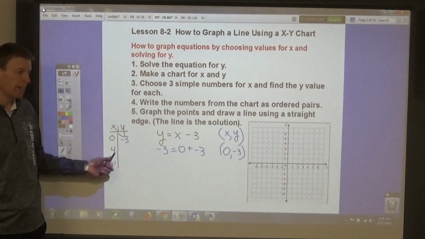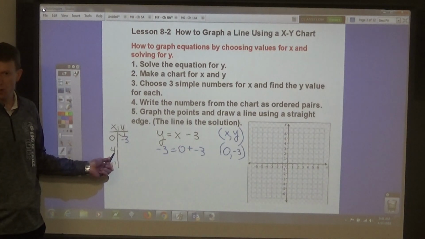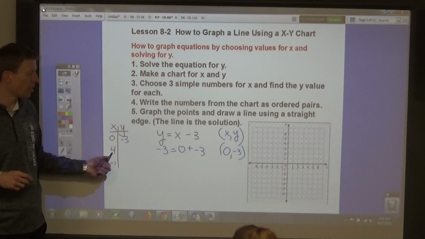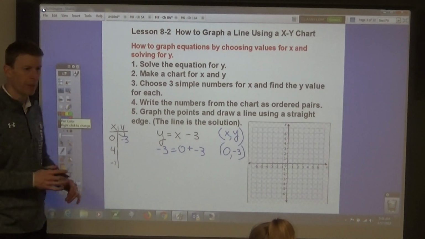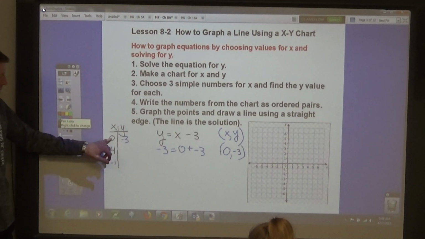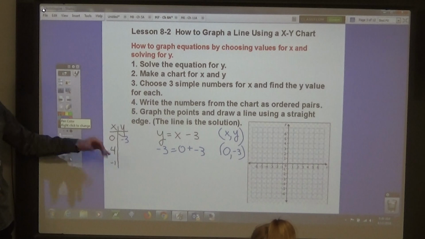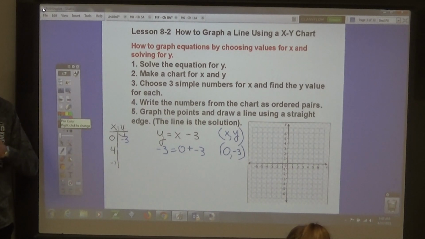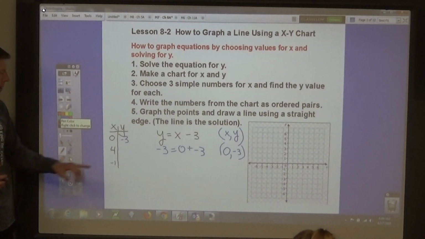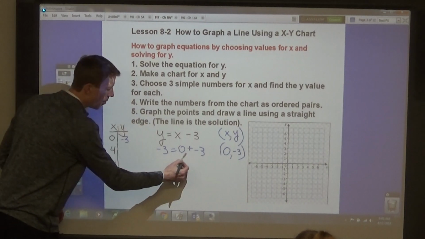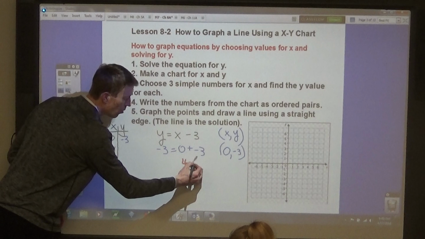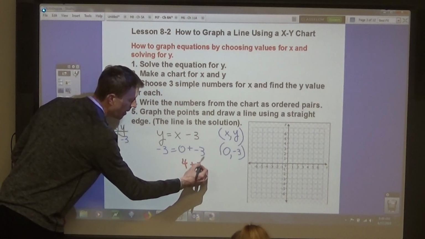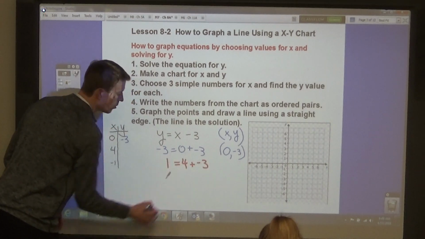Then, we have to find another one, in order to get at least 2 dots to draw a line. So let's use the number 4. You can use any one you want, but pick simple numbers, like 0, negative 1, 1, 4, and so on. So what we would do is write the number 4 in place of the x in the equation. 4 plus negative 3 equals 1, right?